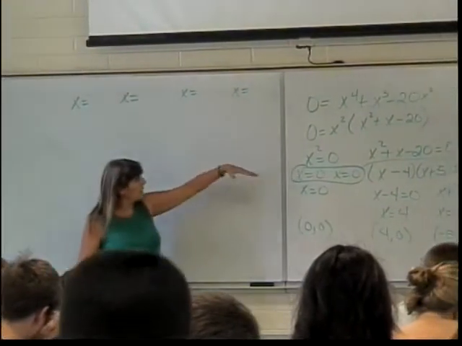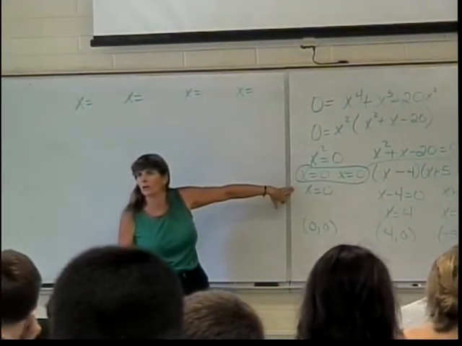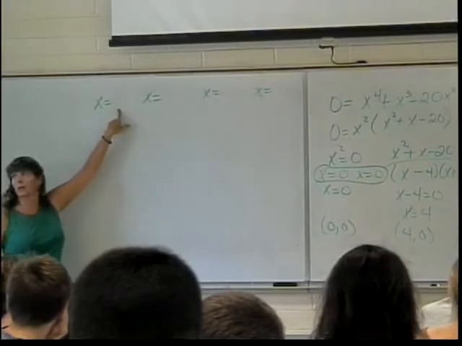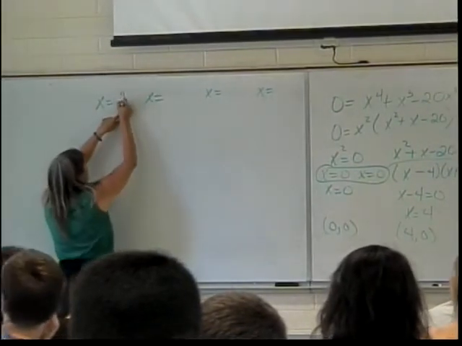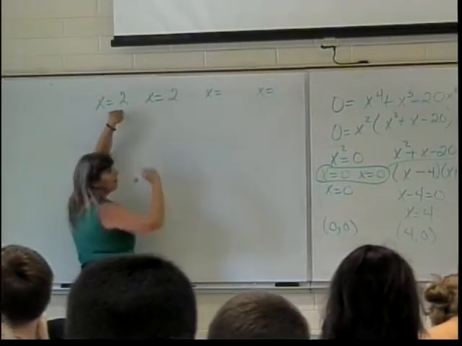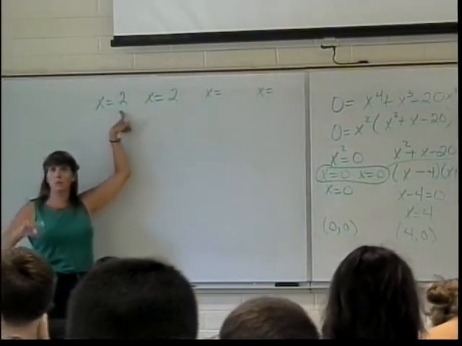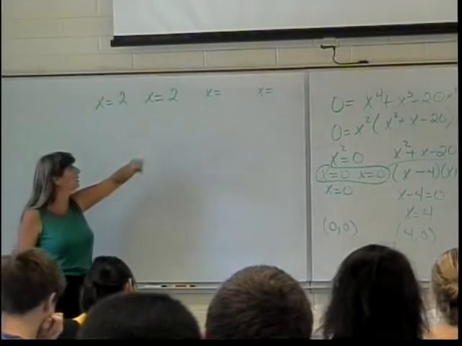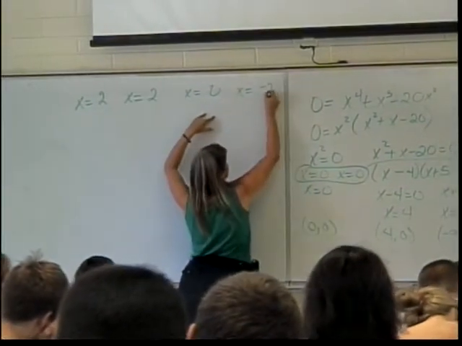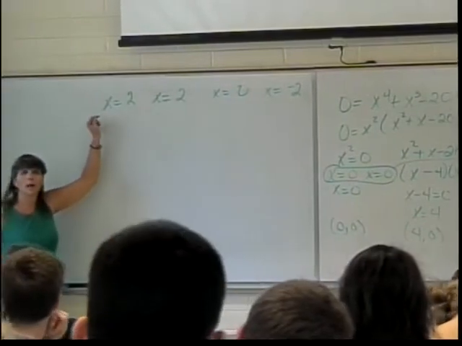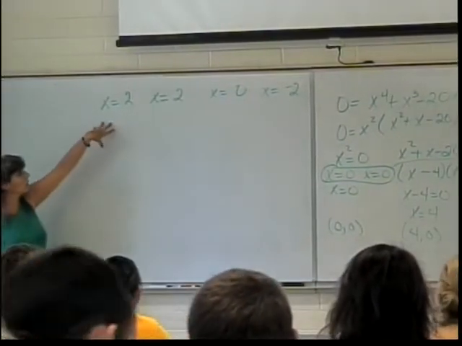This is going to be the step right before I made points. What numbers am I going to plug in here based on what it says there? 2. Why do I plug in 2 twice? Multiplicity 2, because I was told it had multiplicity 2. That means it came out of there twice. 0 and negative 2. What did the step before this look like?